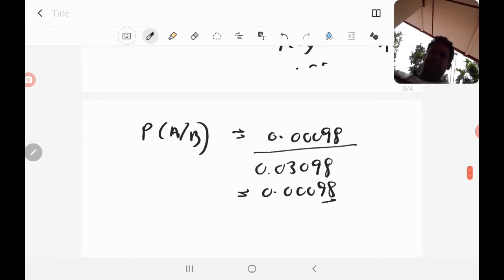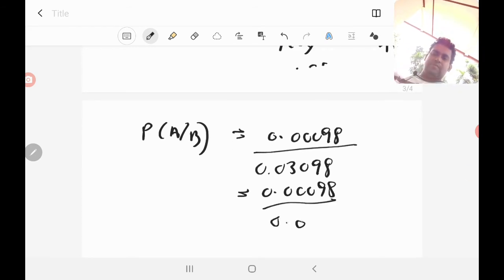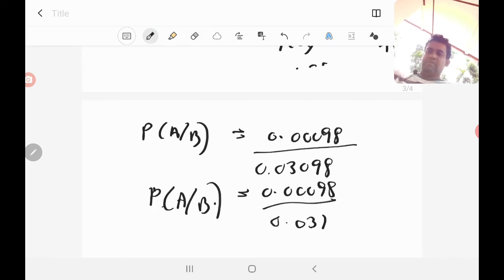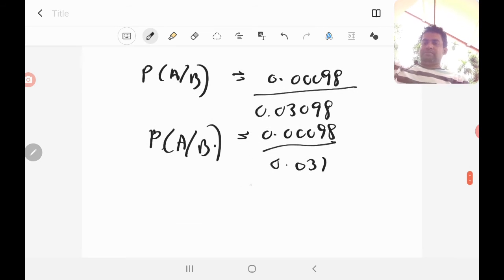So we'll write the approximate value here, 0.031.